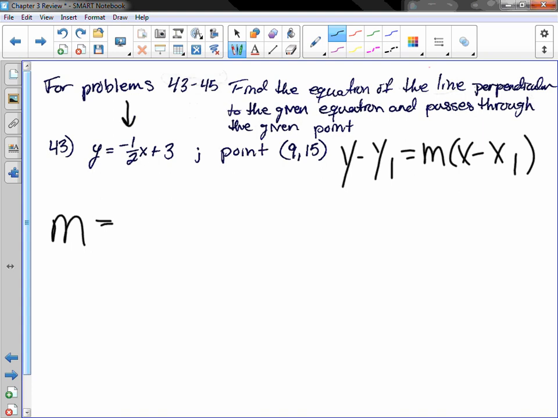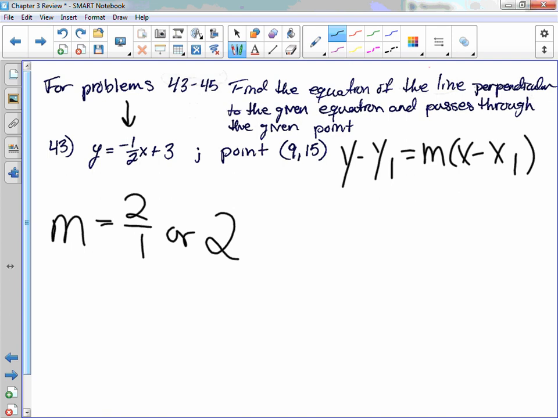So the slope they gave us for the original line is negative 1/2. Since the original slope is negative, the new slope would be positive. Now the reciprocal: we have 1/2, and to find the reciprocal, we flip it, and it would become 2/1 or just 2. So the slope for our new line would be 2.